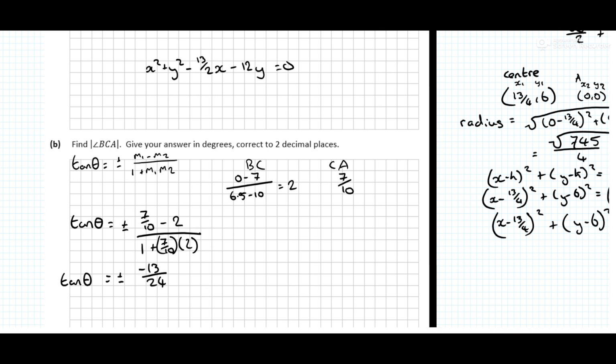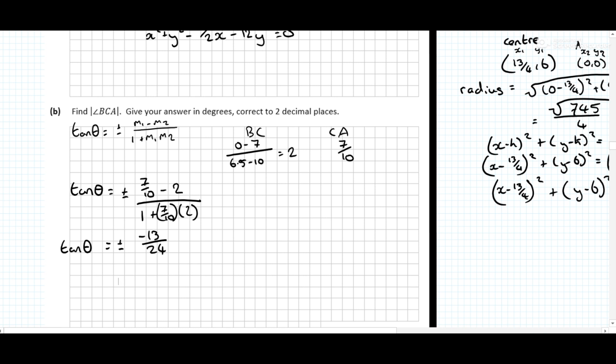And we only really need to worry about this plus or minus here if you're looking for a slope. We're not looking for a slope, so it doesn't really matter to us whether we use the plus or the minus version of it. So just to show you, if you left it as the plus, it would be minus 13 over 24. The minus would be plus 13 over 24. Theta is equal to tan inverse of minus 13 over 24.